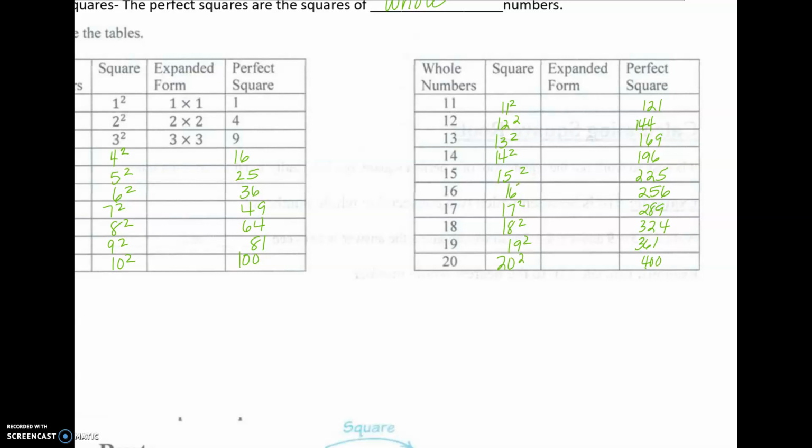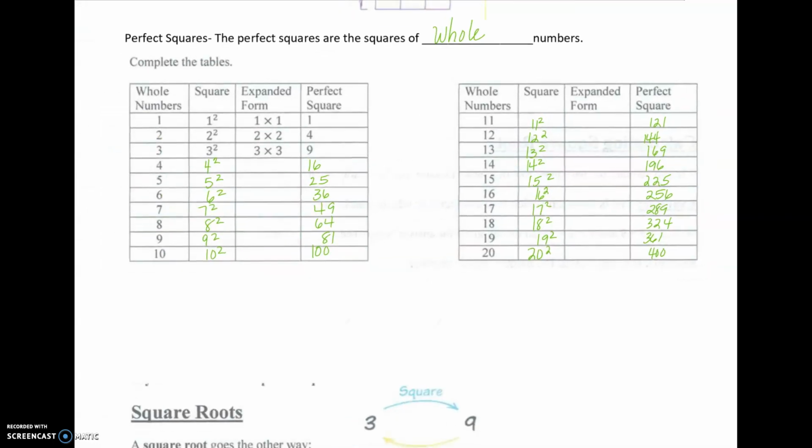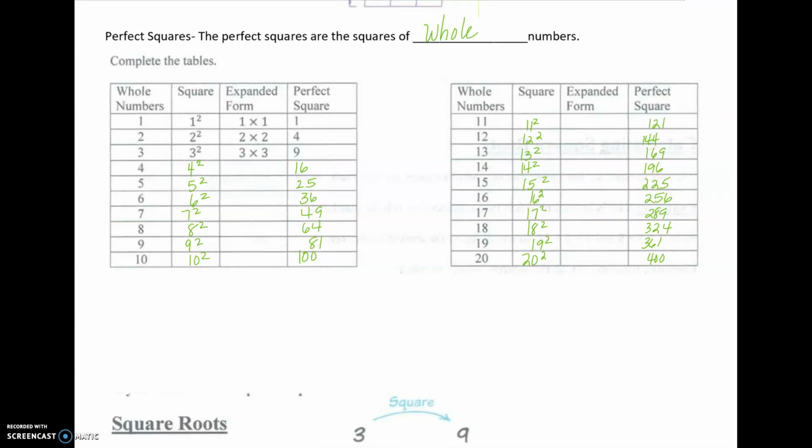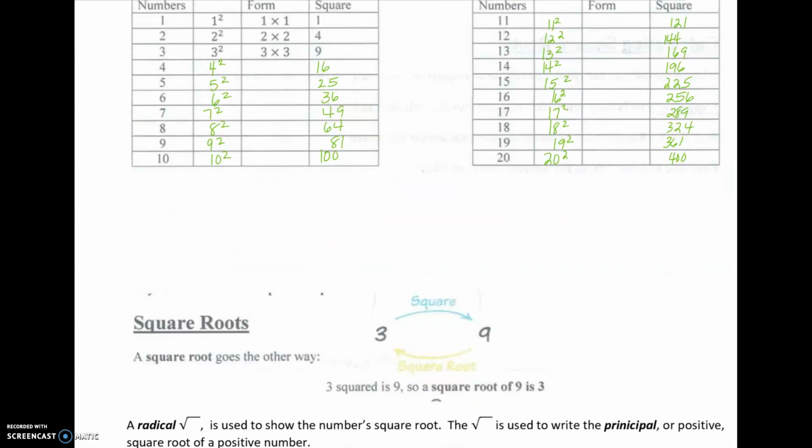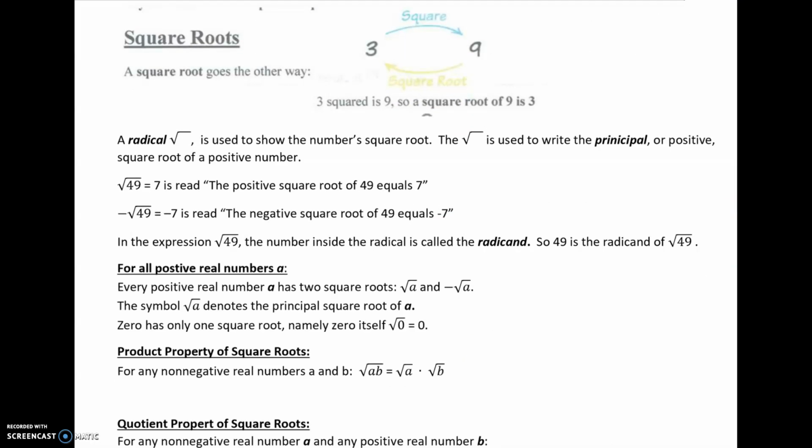Okay. So, like I said, you probably already know most of these to memory, but if you don't, it's a good idea to try to learn them. But if not, you have this chart to look at, because when we simplify radicals, we're going to be looking for perfect square factors that we can take out to help us simplify.